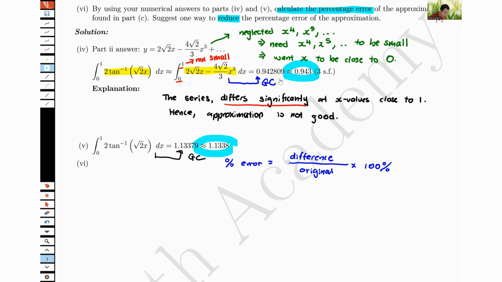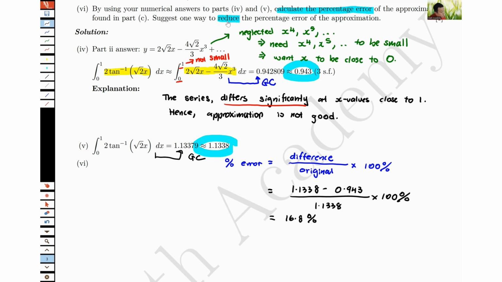Can we take the difference between these two and divide by original? So your error here in this question will be, we take the 1.1338, subtract 0.943, divide by original, and we multiply by 100%. Okay, so the value, if we calculate, we will get 16.8%. So this is the percentage error.